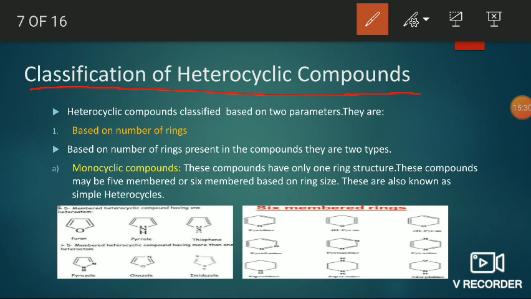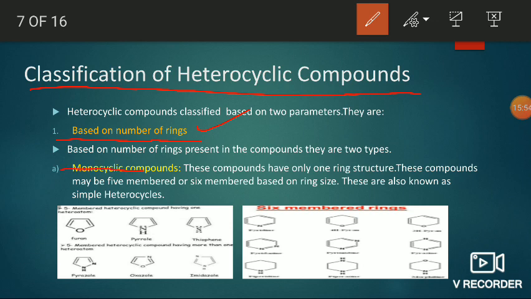The first parameter is based on the number of rings or the ring nature. Based on the number of rings present in a heterocyclic compound, there may be two types.